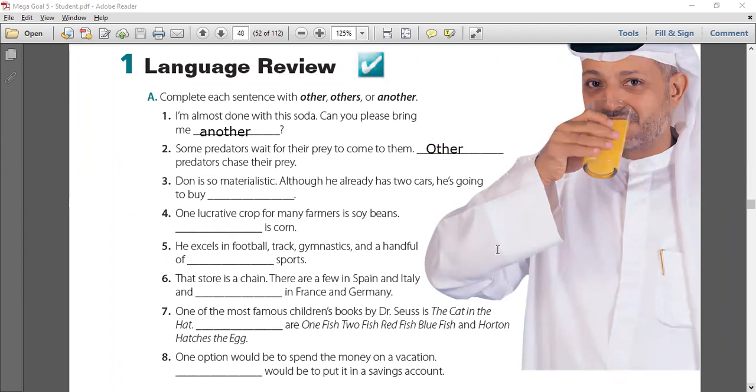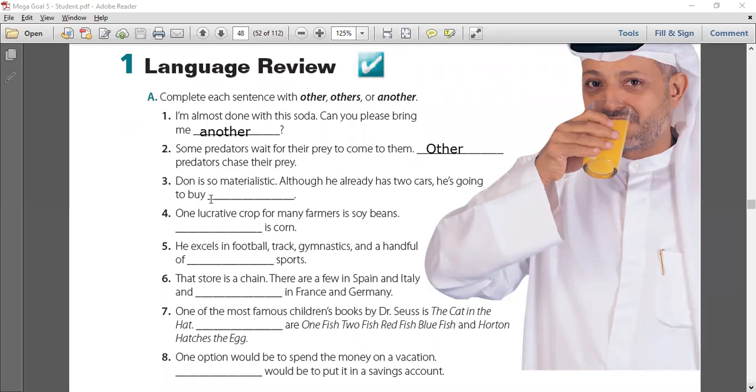As you can see here, we cannot add another because the noun after the blank is plural, predators. So which one of them can I add before the plural noun? Other. I cannot add anything to others. And another, I can add before a singular noun, but I cannot add it before a plural one, only other.